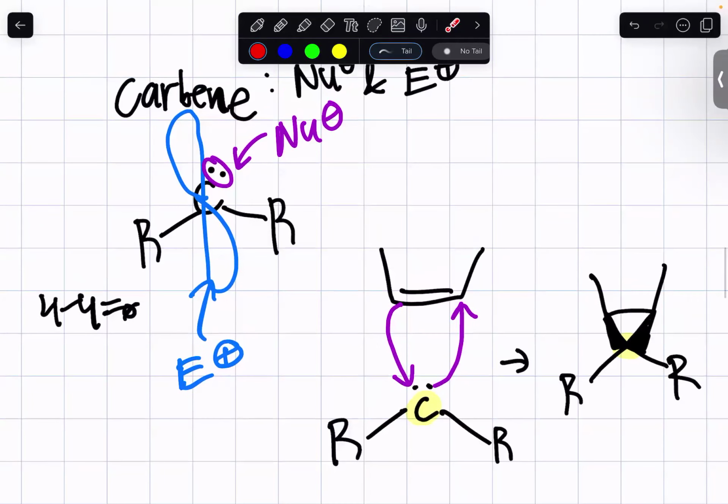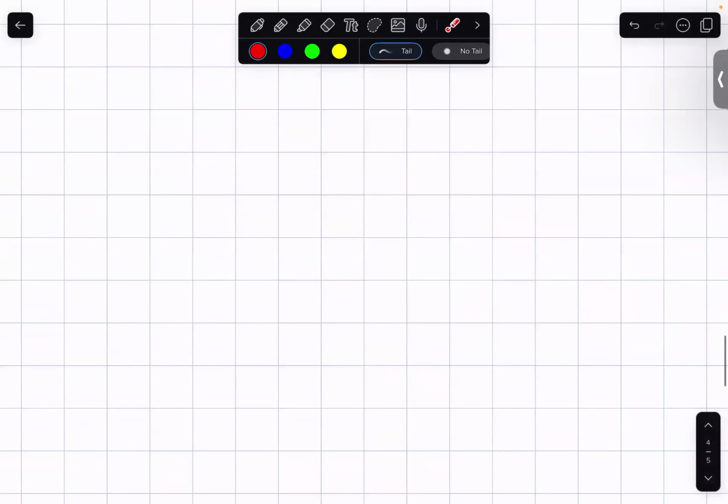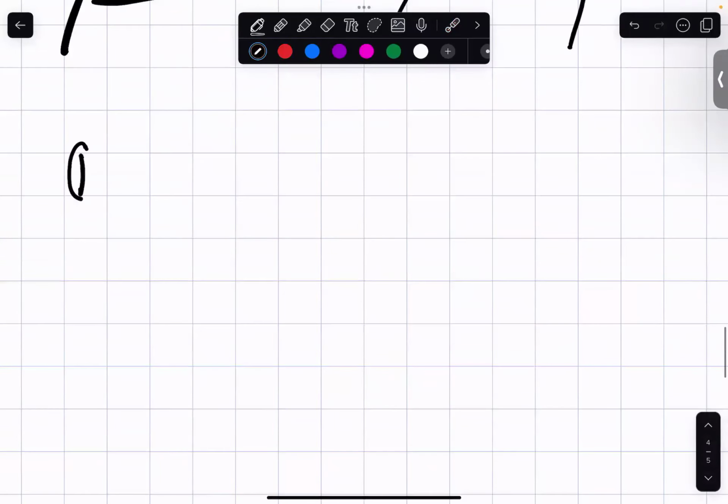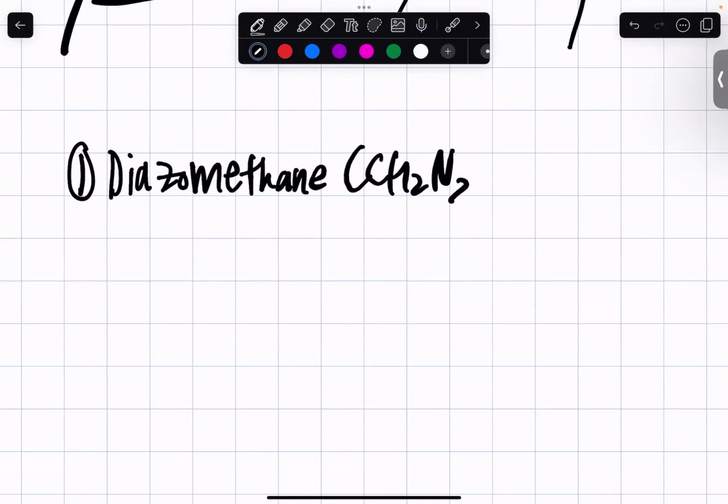And there are three different carbene reactions here, where the first carbene reaction that you'll see is with diazomethane, which is CH2N2, right?